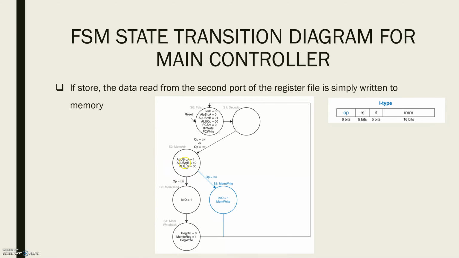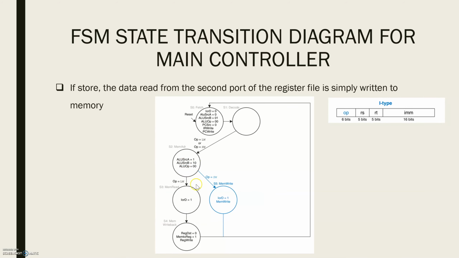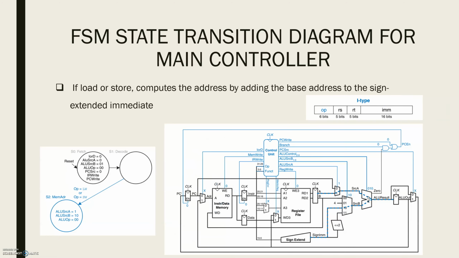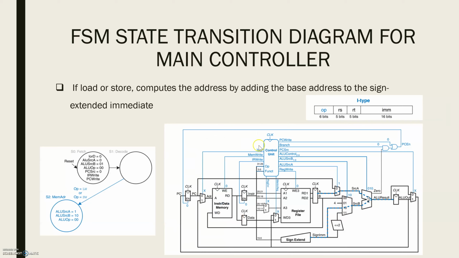From state S2, if the instruction is a store, data read from the second port of the register file is simply written to the memory. That is this value. In state S5, the IORD value will be 1 to select the address that was computed in S2 and saved in ALU out.